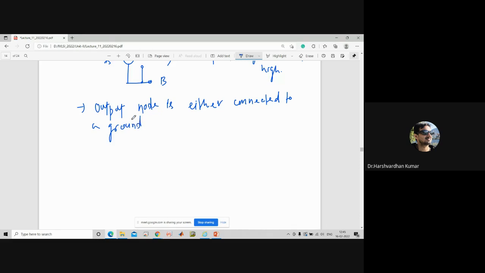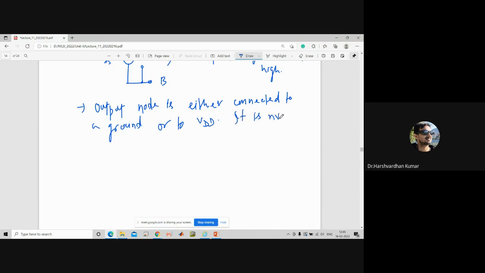Because we know very well the impedance of ground is low, and the output impedance of CMOS is also low. So it always follows the low impedance path. So the output node is either connected to ground or to VDD. It is never floating. Always remember, the output signal is never floating.